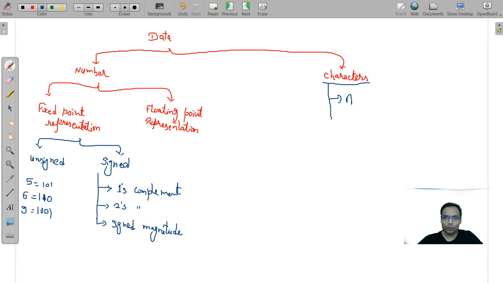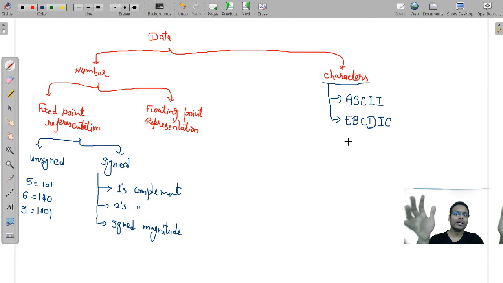There are two representations possible here. One, of course, I told you, is ASCII, however you want to pronounce it, and the other one is extended BCDIC. Now see, BCD, you know, right? Binary coded decimal was supporting only numbers.